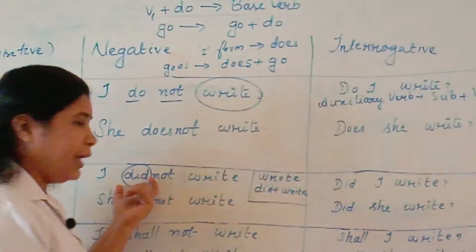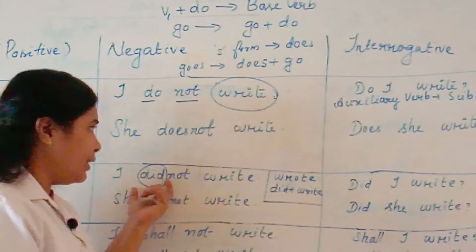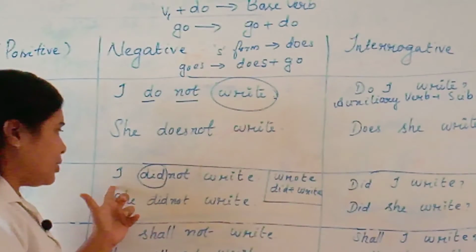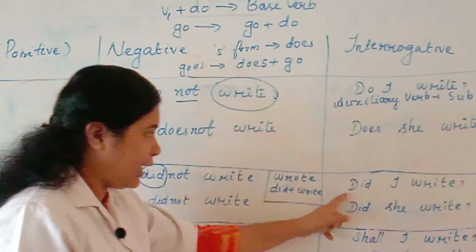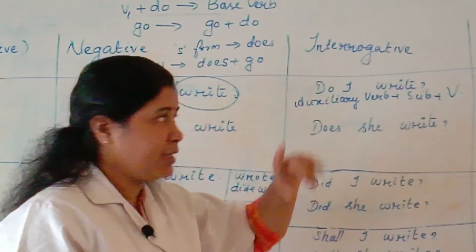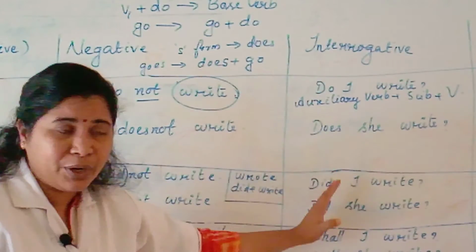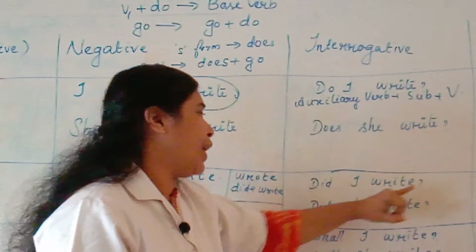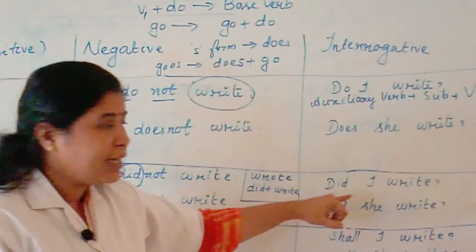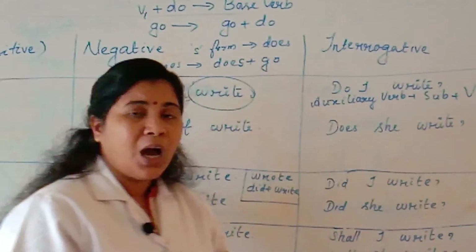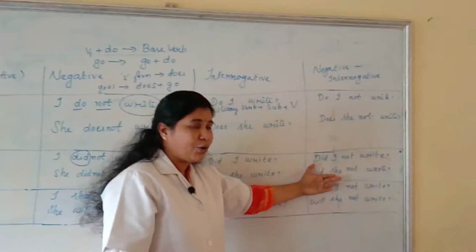Then interrogative. Here we got did, right? Take did plus subject plus verb. So did I write? That is the positive interrogative, affirmative interrogative. Did I write? What is the next? Did she write? How can we change the same into negative interrogative?